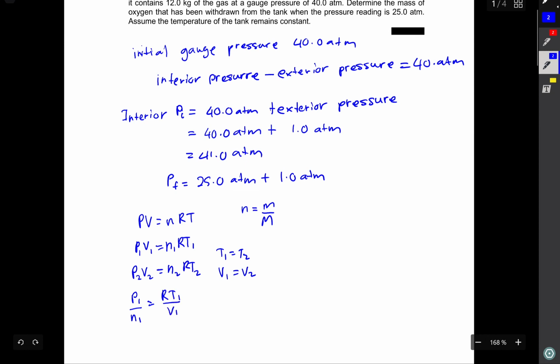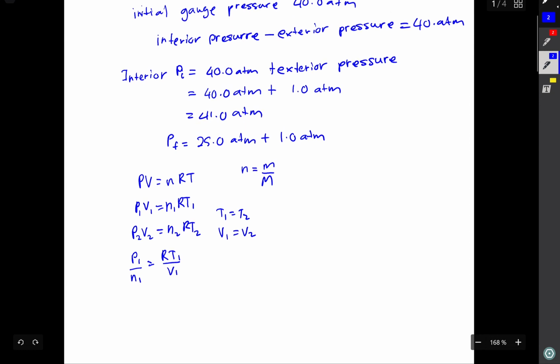Remember why we put it all together: R is constant, T1 is constant, and V1 is constant. If you rewrite the second equation, P2 over n2 is exactly the same, equal to RT2 over V2.